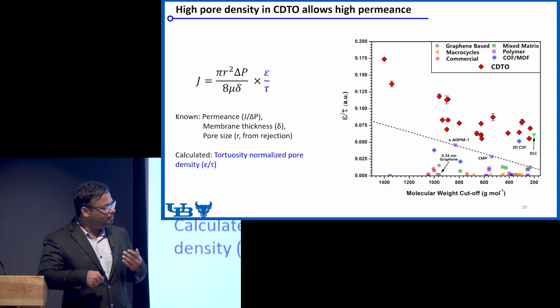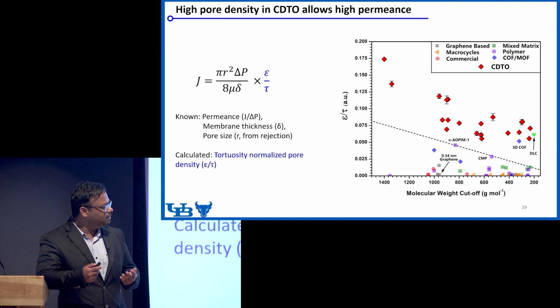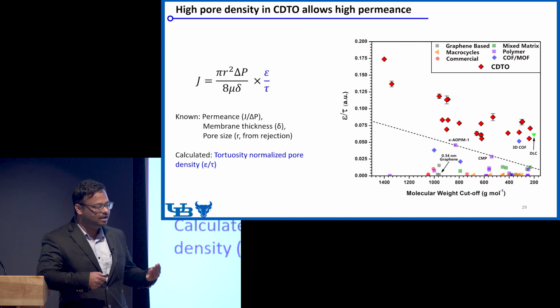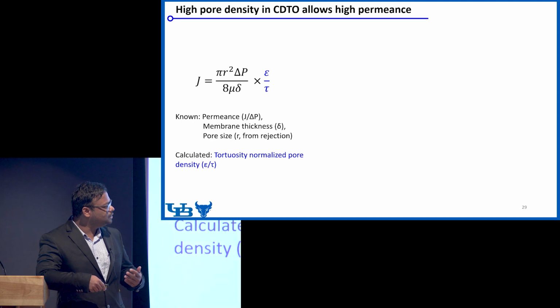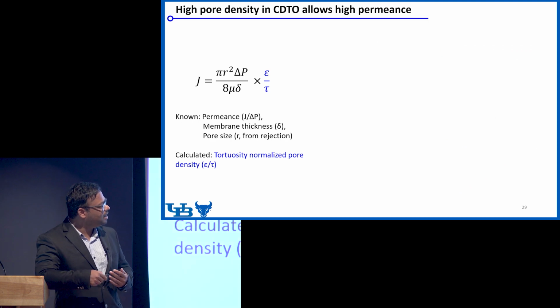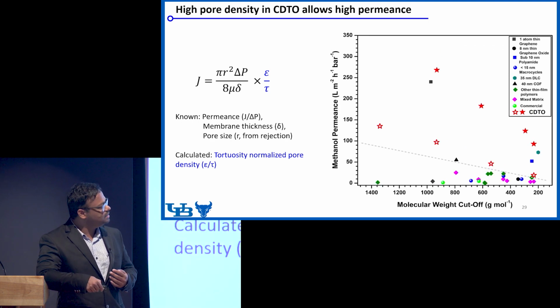We measured the mechanical stability with the help of our collaborators for this membrane, and we found it to be very high, in the range of diamond-like carbons or carbonaceous materials. So this allowed us to have high pore density at the low molecular weight cutoff range. And this is what translates to high permeance compared to other membranes in the literature.